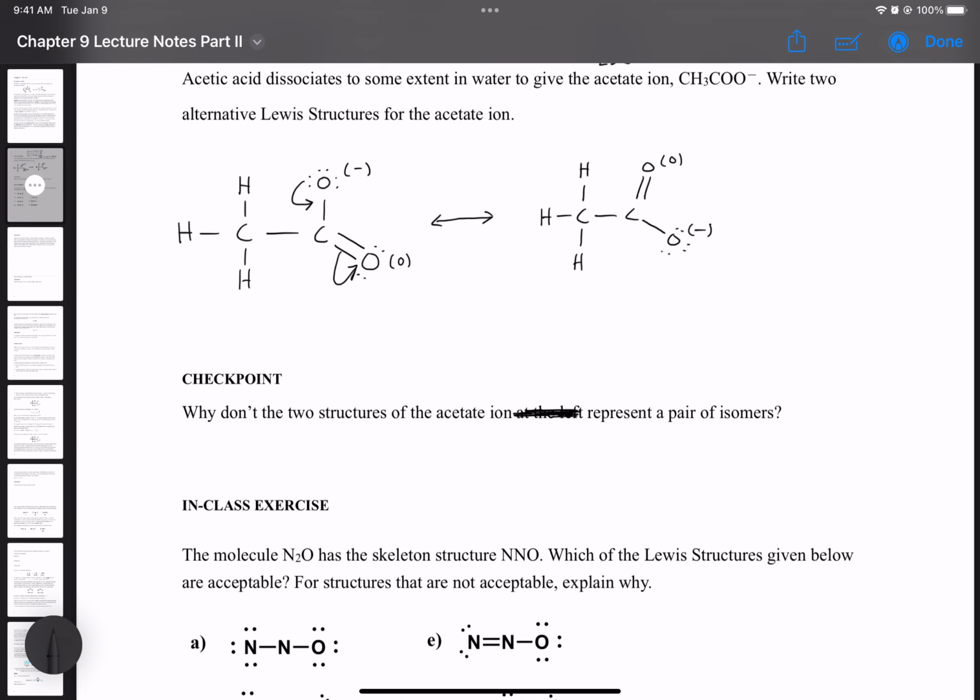Well, like we said before, they have the same basic structure, meaning they have the same basic connectivity of atoms in the skeleton.